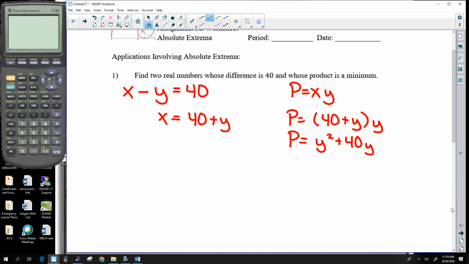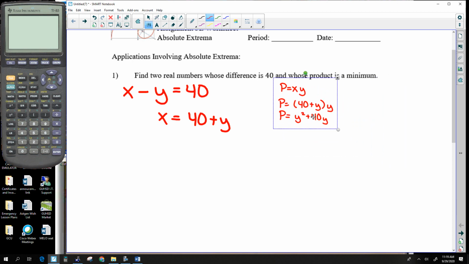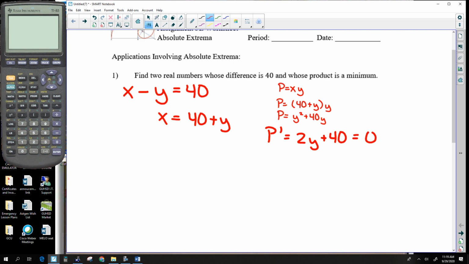So it's time for the derivative. We're going to find the optimization of this. So negative 20 is a critical number.